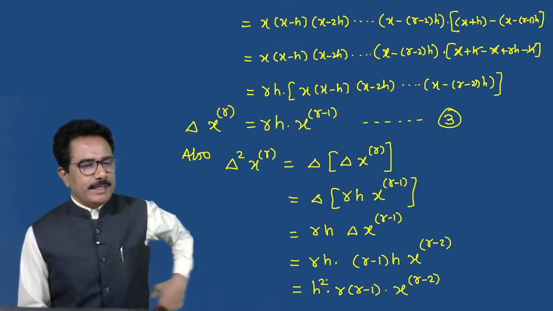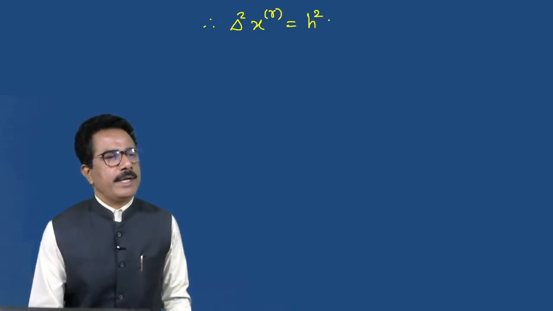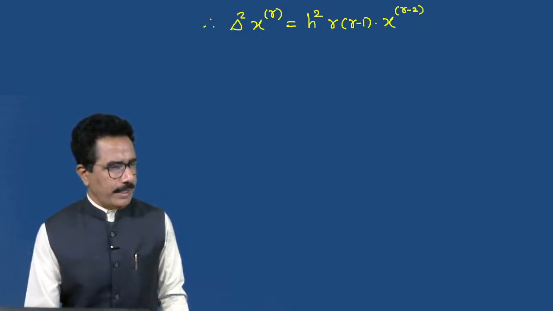Okay, so we get, therefore, delta 2 x to the power r factorial is equal to h square r into r minus 1 into x to the power r minus 2 factorial.